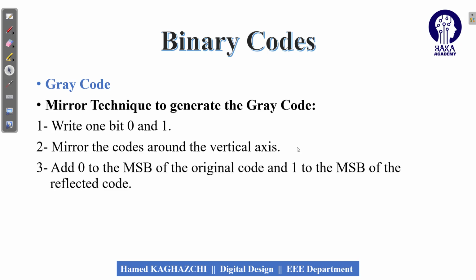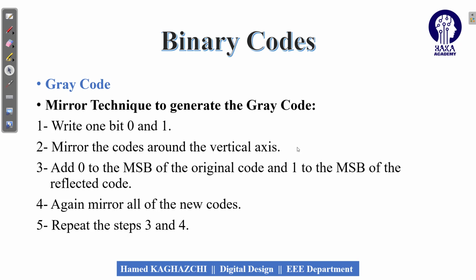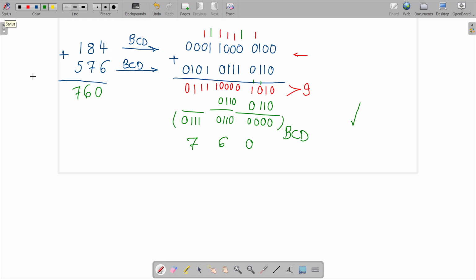After that, we add 0 to the MSB of the original code and 1 to the MSB of the reflected code. Then again, we mirror all of the new codes and repeat steps 3 and 4. How can we do it? Listen here, I will show you how we can do it.